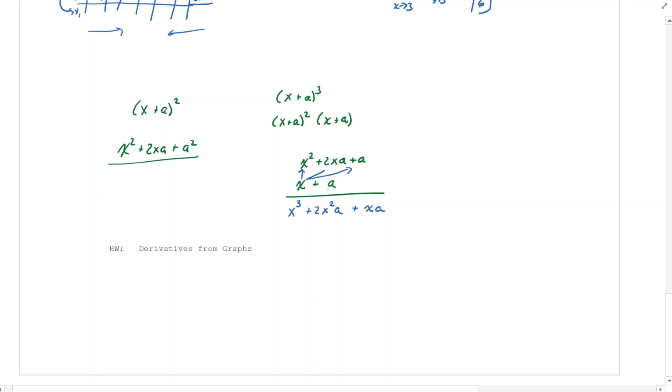Then I come to the second term on the bottom and multiply it by each thing on the top. So a times x squared gives me x squared a, and I put it underneath its like term.